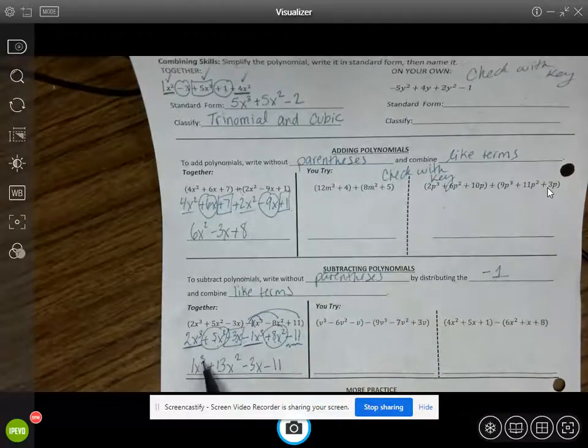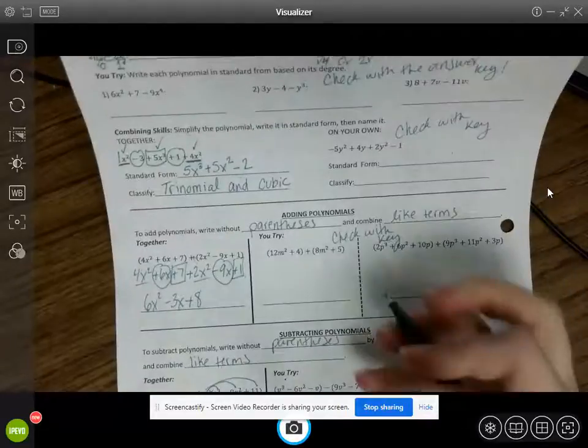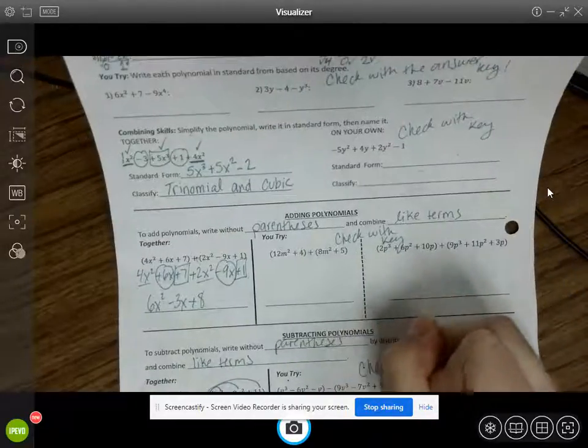So 1x cubed, or just x cubed, plus 13x squared minus 3x minus 11 is the subtracted polynomials in standard form. So distribute the -1 and then combine like terms and put them in order, largest to smallest. You are going to try these 2 once again and check with the key.